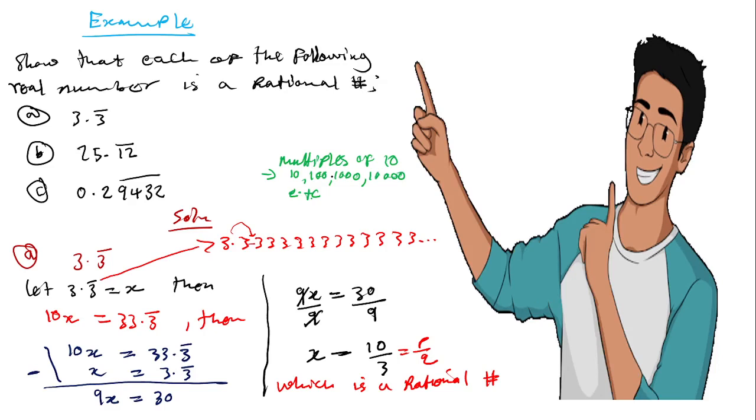Still not very much clear. Okay, let me say 10x is equals to 3. Where did you get the 3.3 bar? When you multiply this, that's why I wrote this part. I said 3.3 bar is the same as 3.33333. Then I explained that when you multiply this 3.333 by 10, this point will move to the next part.